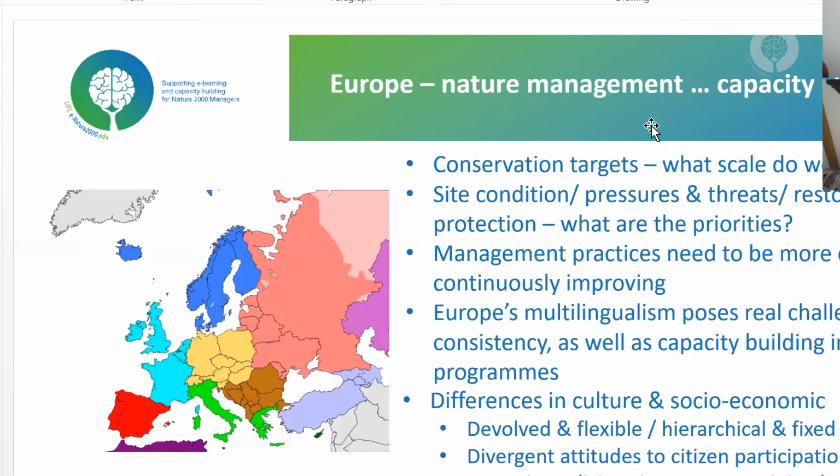You can look at some countries which have a very devolved and flexible approach to nature management, but others are much more hierarchical and maybe central in terms of their approach. And neither one is right or wrong, but we have to try and find some balances or ways of working within those structures. There are differences in terms of attitude to citizen participation.